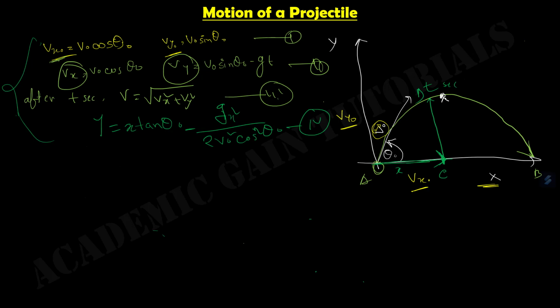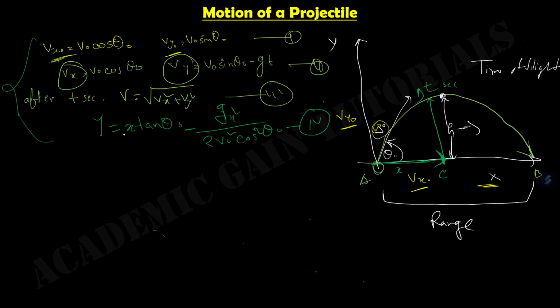Suppose this is the maximum height h. So we have to find out the maximum height. This is known as range, the distance it covered, and I have to find out the total time it is in the air, which is the time of flight. So we have to find out these three terms.